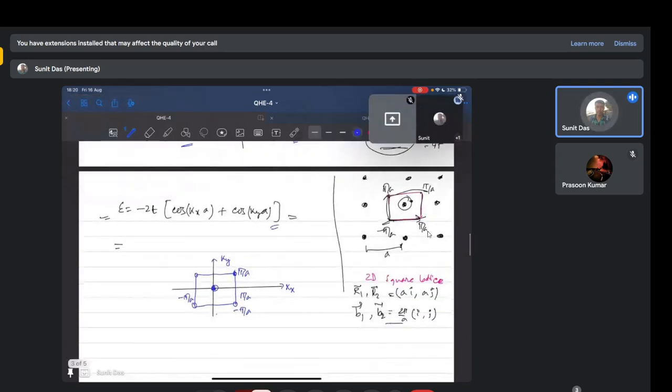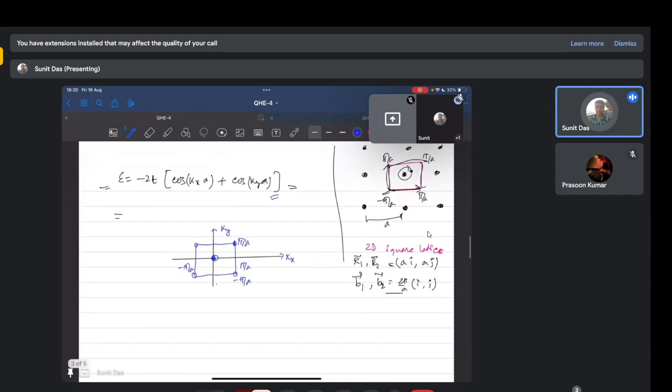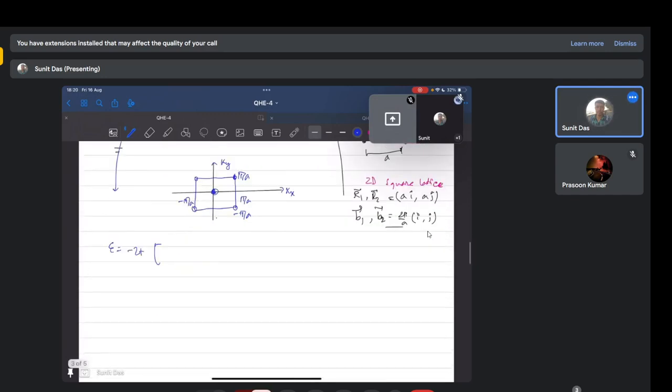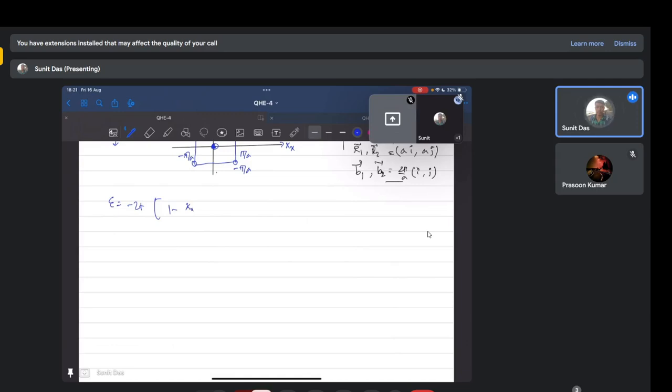So when you say low energy model, or the k going to 0 limit, what we need to do is expand this around the k equal to 0 limit. We have minus 2t, and we expand cos kxa as 1 minus kx squared a squared by 2.